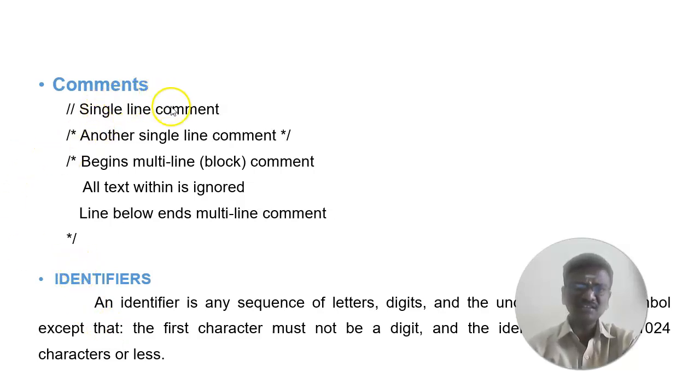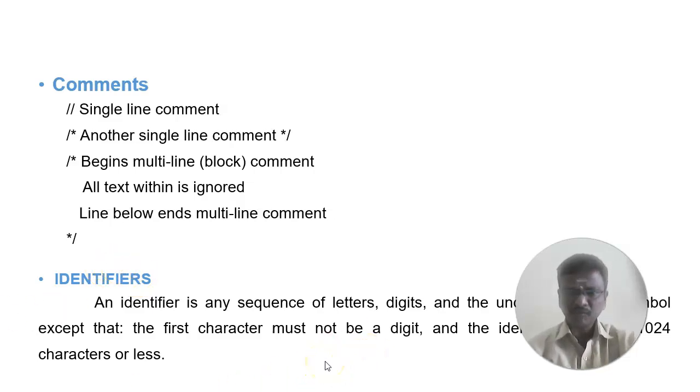So this is the basic syntax of that HDL, and similar to our C language, here also we can give comments. Single line comments can be given using two slashes, and multi-line comments can be given inside slash star and star slash. In between that you can give multiple line comments. And the identifier, you know, is a sequence of letters.